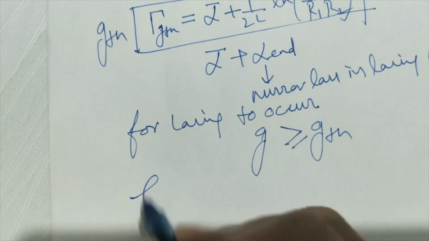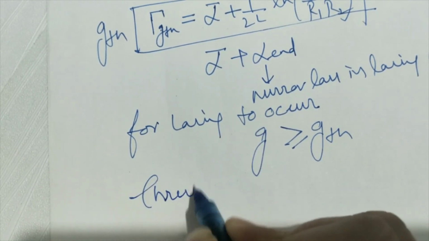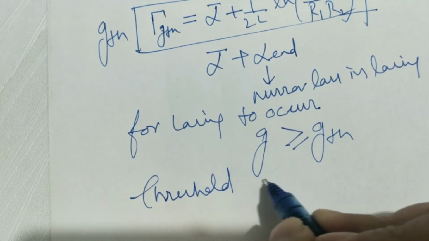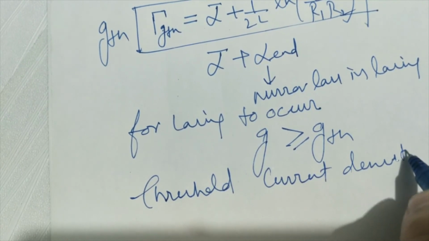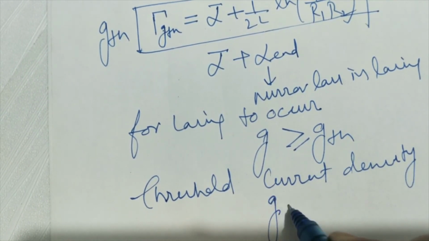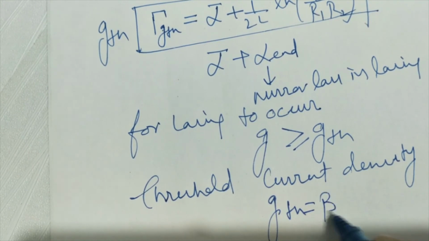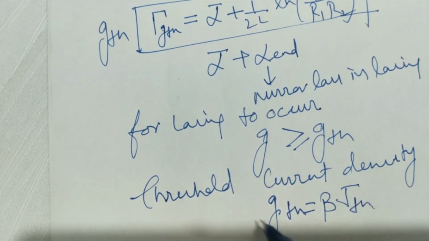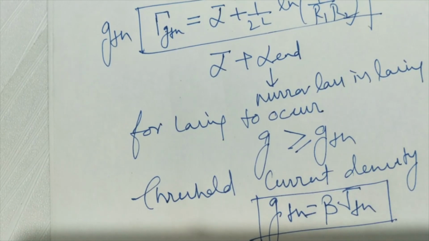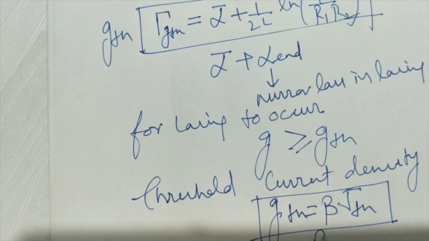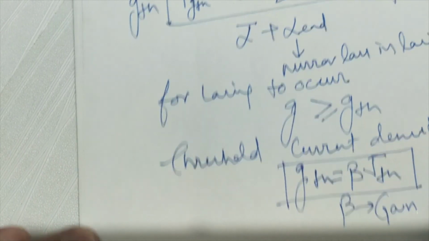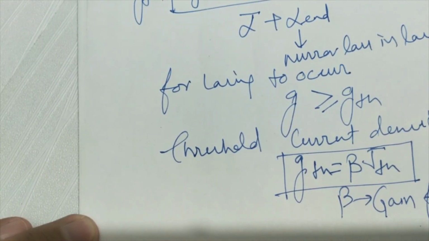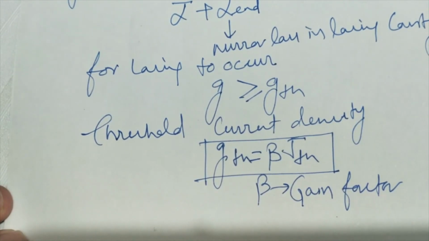The last definition is of threshold current density: g threshold is equal to beta times J threshold. J threshold is the current density and beta is the gain factor. Thank you.